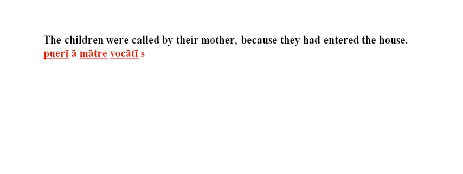The last form is vocati sunt. That's the they form. Pueri a matre vocati sunt. The children were called by their mother. That's it. Nothing new for the rest of the sentence, because let's do the object next.